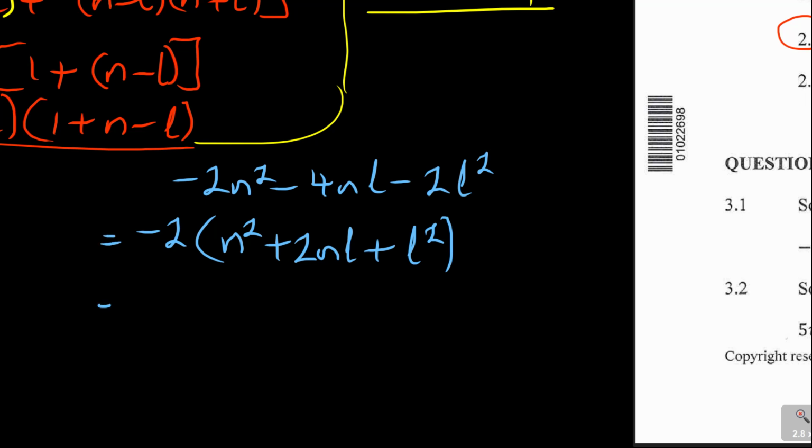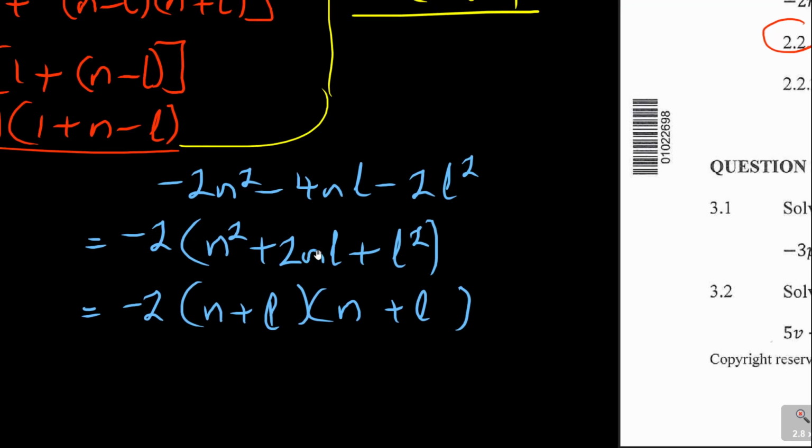If you are using the product sum, you're going to come up with two brackets, similar to what we're doing. It will be, just because of time, n plus l and n plus l. Just use the product sum where we did something like this. N squared plus 2nl plus l.